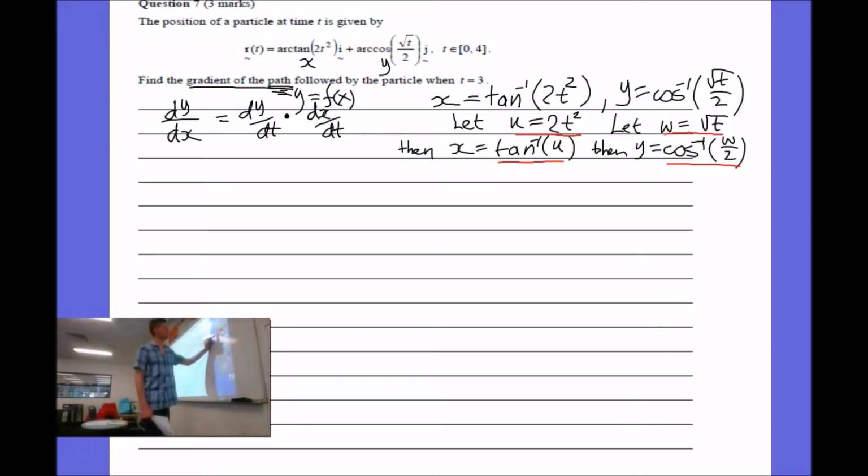So applying the chain rule to them, well, what will this become? My dy dt, derivative of the y function with respect to t, well, applying the chain rule, that will be dy dw multiplied by dw dt.